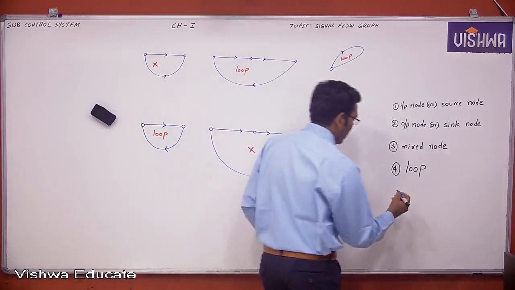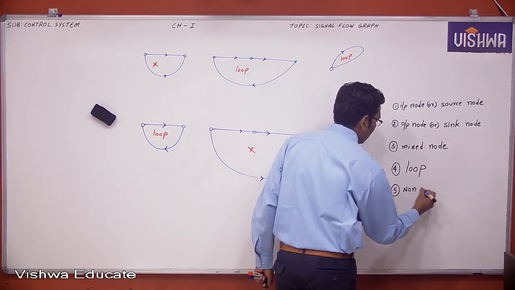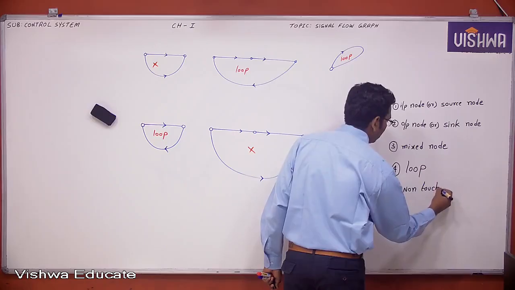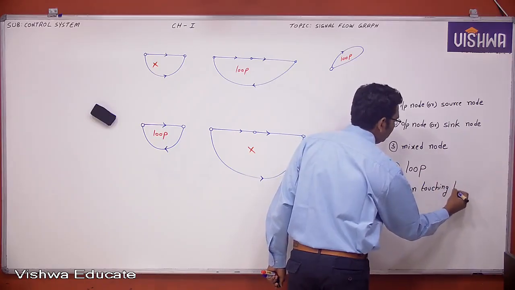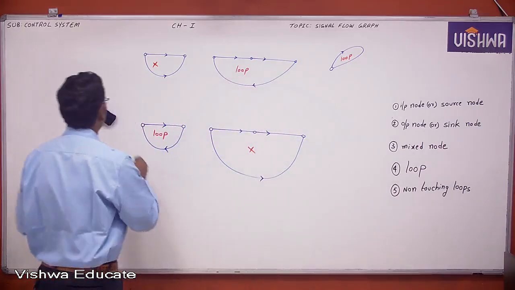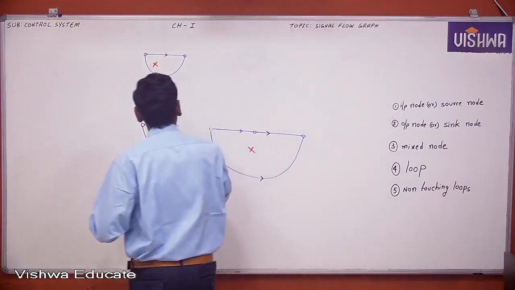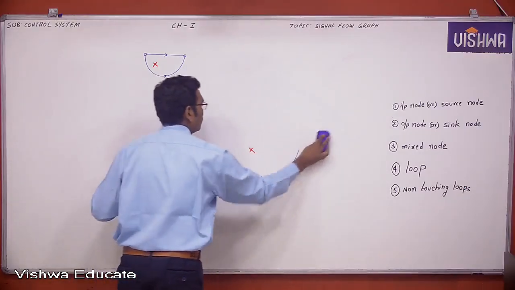Okay, now see here, next one is non-touching loops. If you understand the loop, you can easily understand the non-touching loops also.